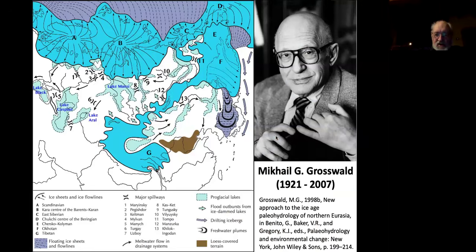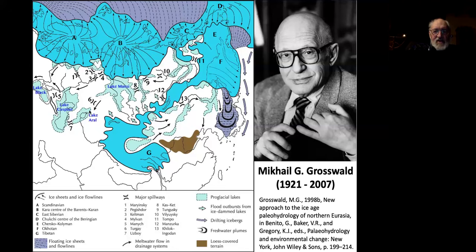And this scientist, who I actually had the fortune of knowing, Mikhail Grosswald from the Russian Academy of Sciences, proposed, I think he started in the 1960s, but also in the 1970s, that these big ice sheets were associated with large glacial lakes, not unlike what I talked about for North America.